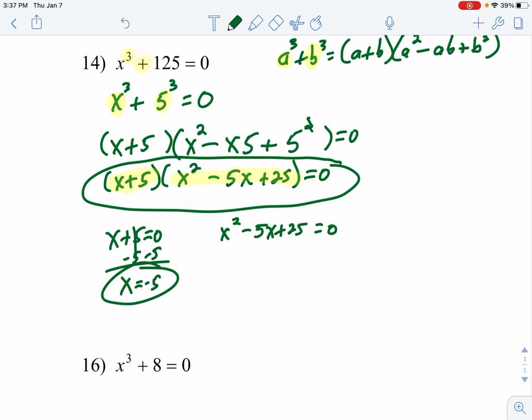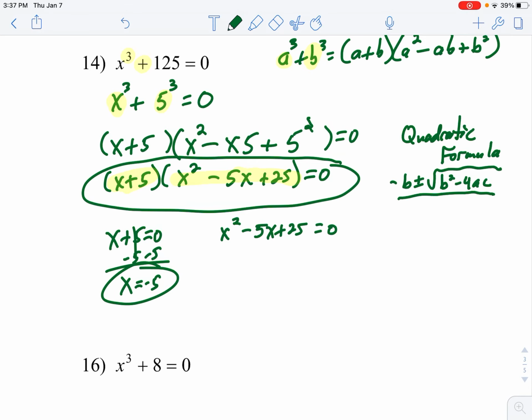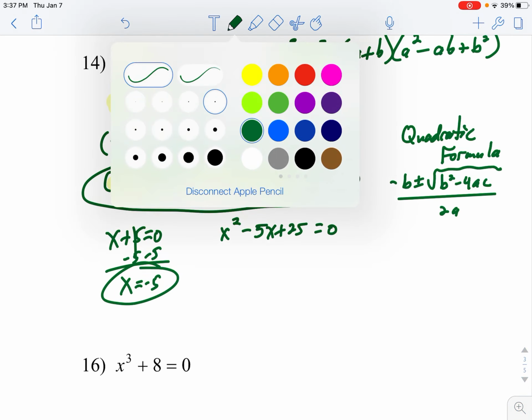The way to do this part is with the quadratic formula. So if you don't remember the quadratic formula, it's negative b plus or minus the square root of b squared minus 4ac all over 2a. And in this problem, I'm going to change colors here a little bit.